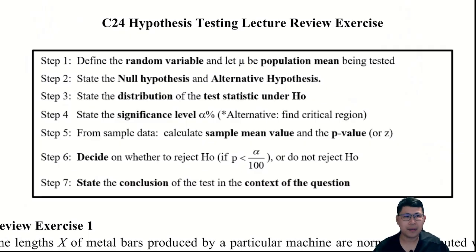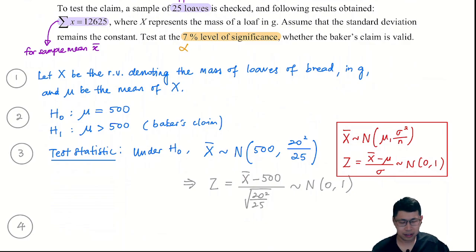Step number 4, we need to state the significance level alpha, and we need to see what kind of test we are taking. So back to this question, which kind of test are we taking? We will need to look at the alternative hypothesis over here. We are testing for more than 500, meaning we're going to test on one side of the graph.